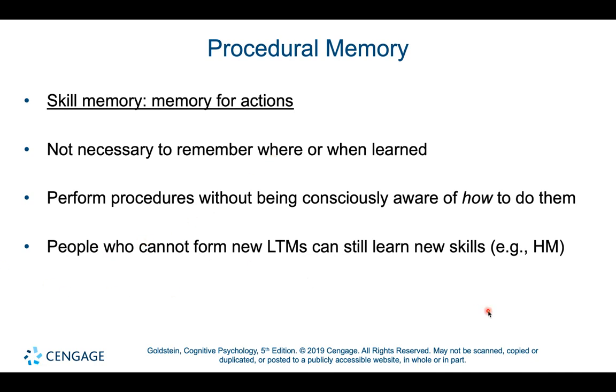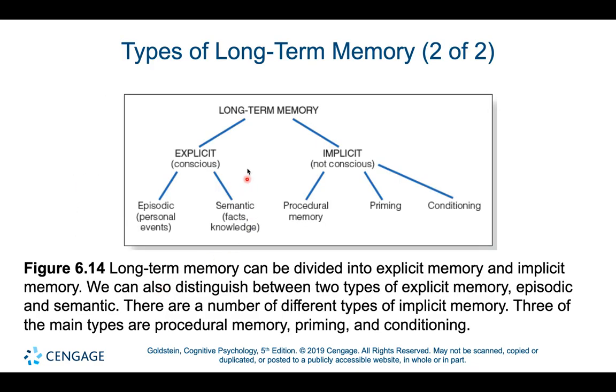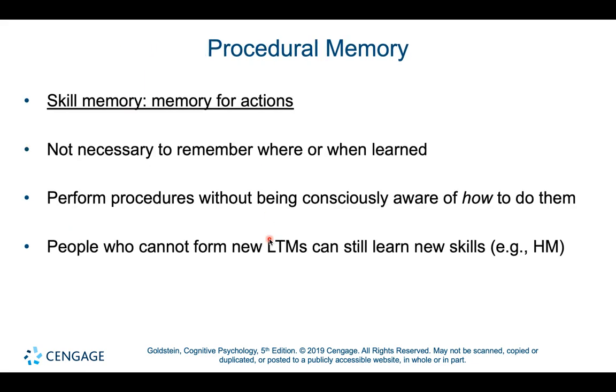Now, what's really interesting about these procedural memories is that in particular, they help us establish a distinction between explicit and implicit memories. These procedural memories help us know for sure that there are different cognitive systems in your brain for these different types of memory. Because people like HM, we remember from part 1, HM was a patient who had his hippocampus removed.